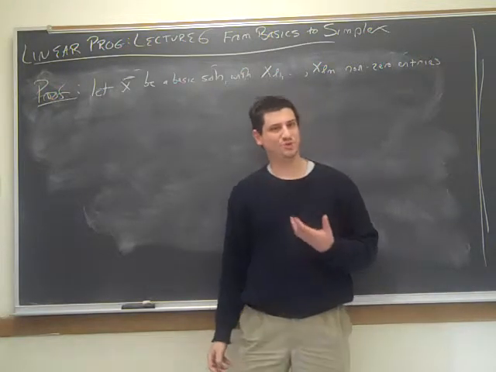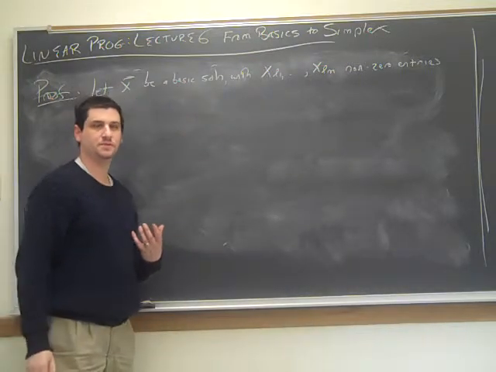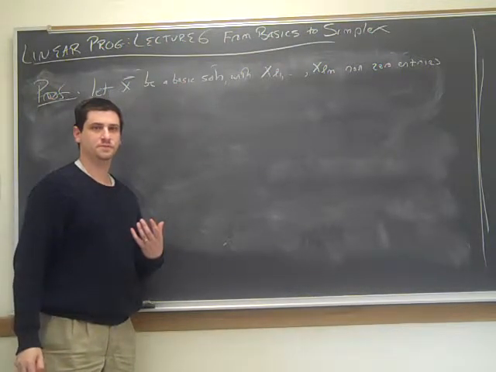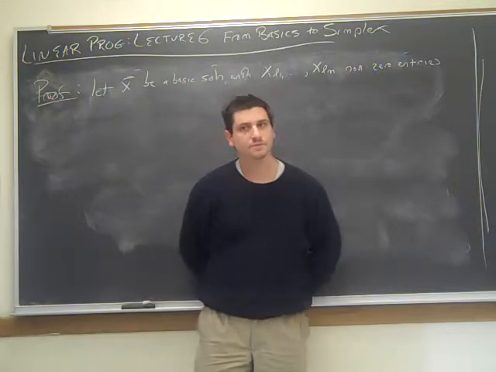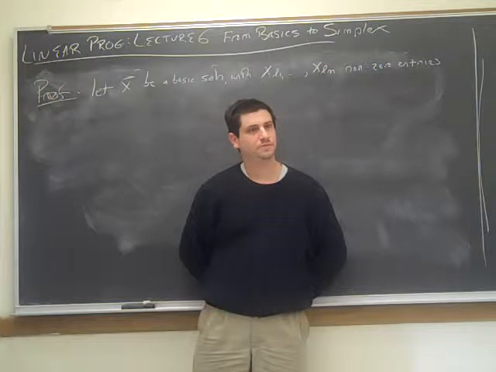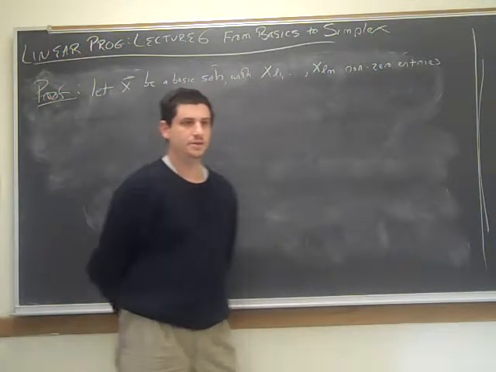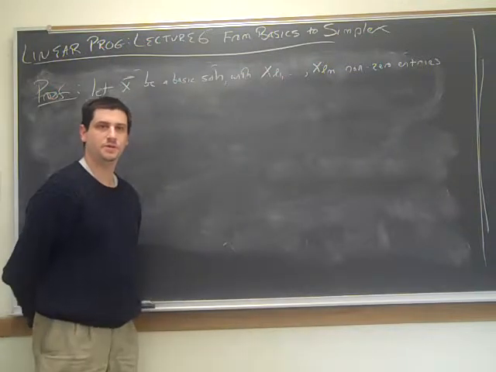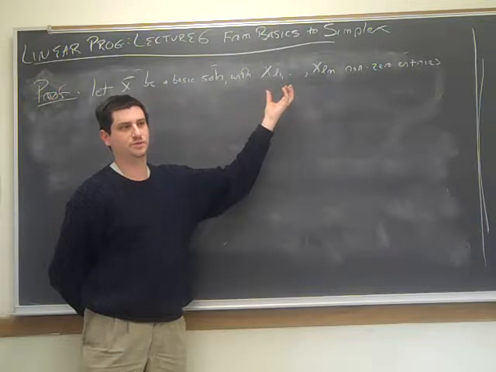There's two possibilities. What are the two possibilities? So what are we trying to show? What are we trying to prove in this theorem? So given a feasible solution, what are we trying to show?